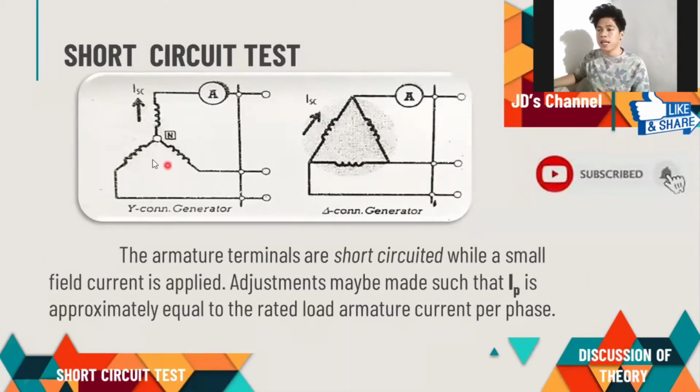As you can see class, that is our ammeter in series, our measuring instrument. And this is the Y connected generator, and then this one is the delta connected generator.